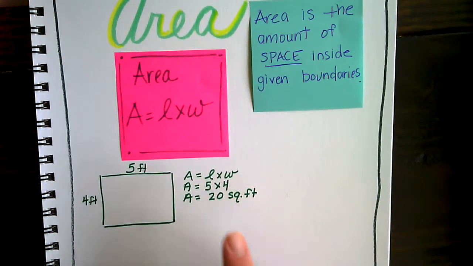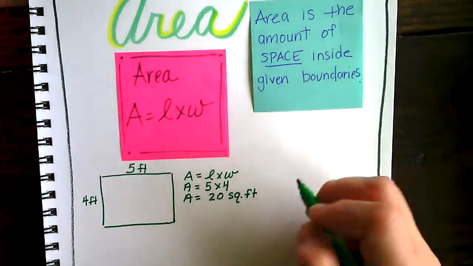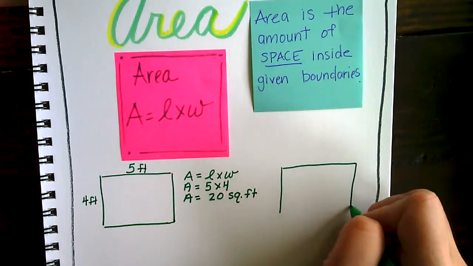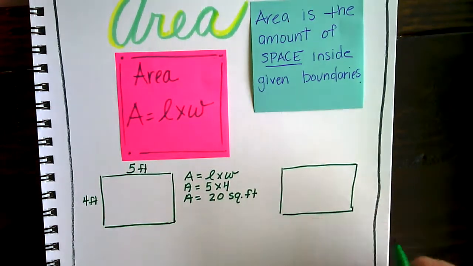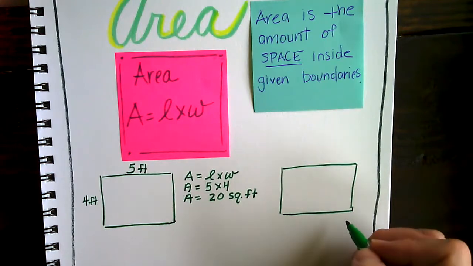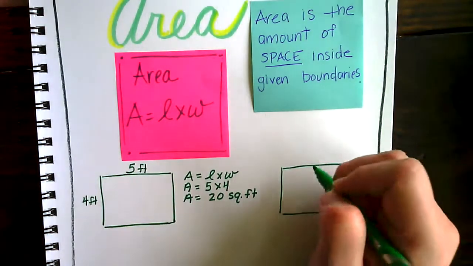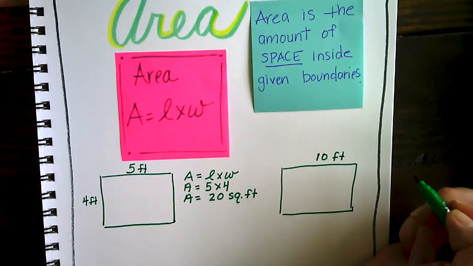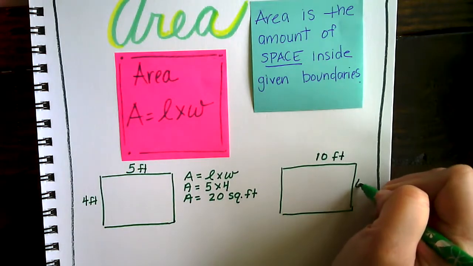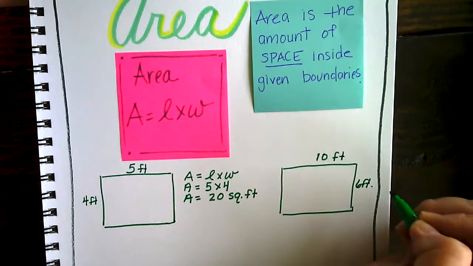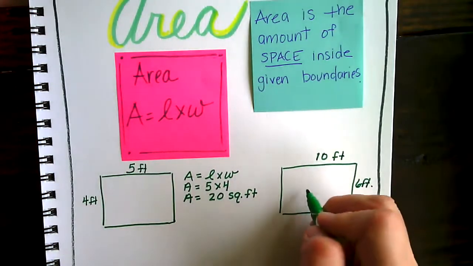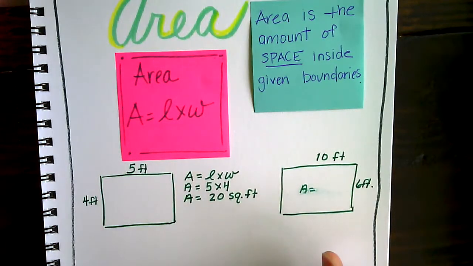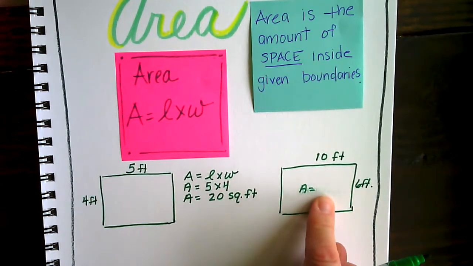Okay, let's try another example. This time let's pretend it is my TV room. And I want to order a nice rug for my TV room. Okay, there's my room. Go ahead and draw it. And let's say one side is 10 feet. The other side is 6 feet. And I want to figure out how much rug I can order for this space.